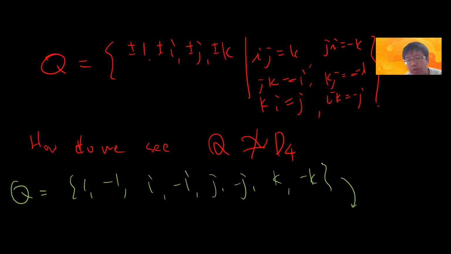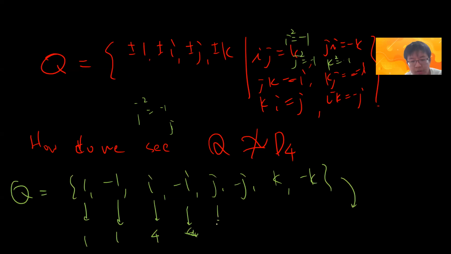What is the order of 1? Also 1. Minus 1 squared is 1, and i squared is minus 1, j squared is minus 1, k squared is minus 1. So i squared is minus 1, so the order is 4 for each of those.